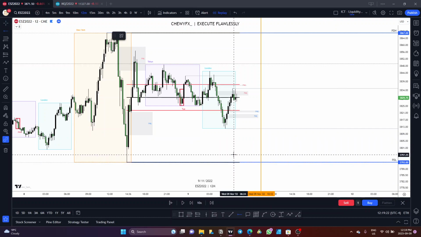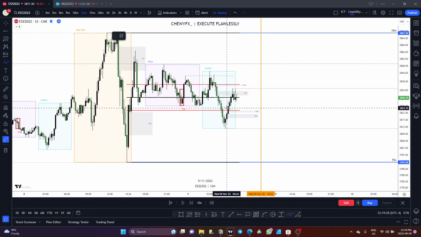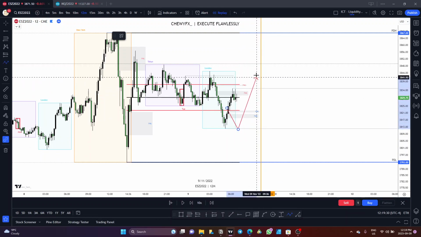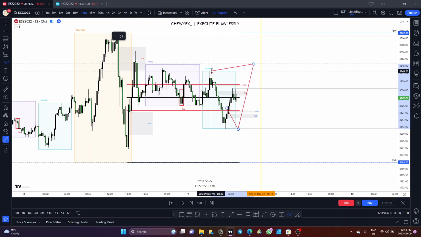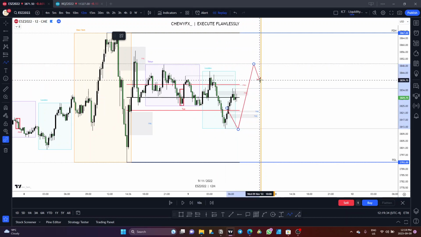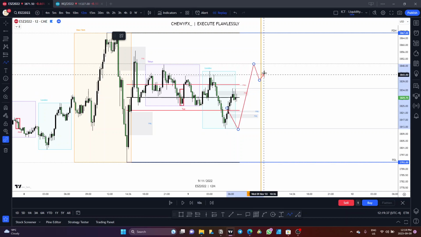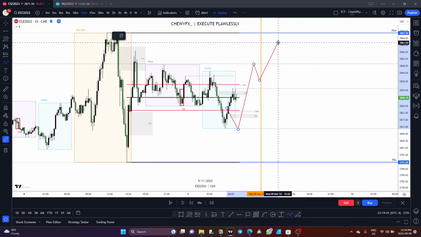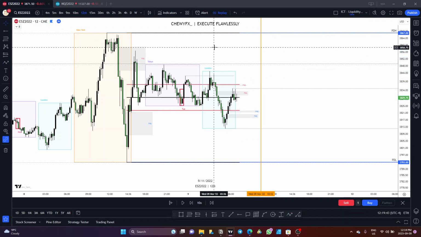The only way I would be looking for a buy is if the market actually did something like this. The market created this low, we came up, swept this session high, came back to that discount area, and then we traded towards the previous day high.